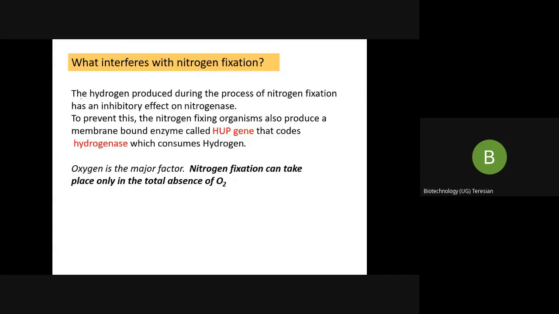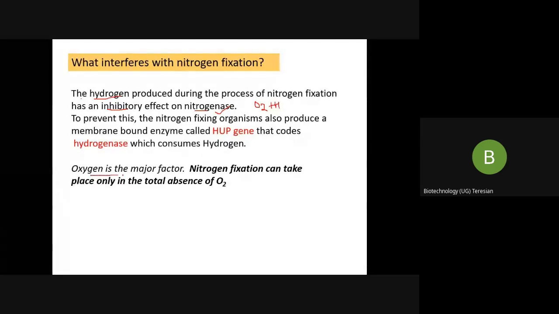So we know that hydrogen is also being produced during your nitrogen fixation. So this hydrogen can also have an inhibitory effect on who? On your nitrogenase. So you have oxygen and you have even the hydrogen which can act as an inhibitor to the nitrogenase enzyme.